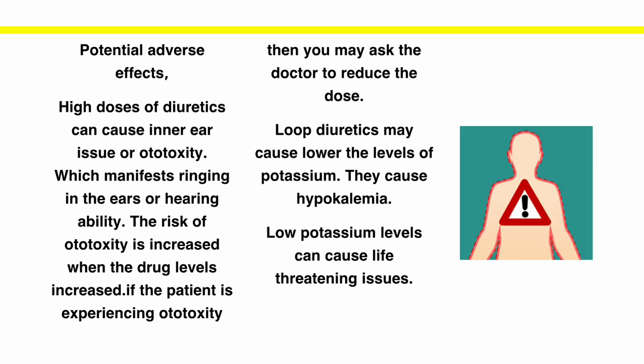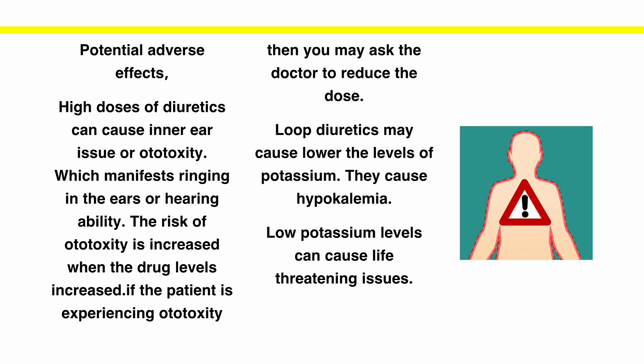Potential adverse effects: high doses of diuretics can cause inner ear issues or ototoxicity, which manifests as ringing in the ears or reduced hearing ability. The risk of ototoxicity increases when the drug levels increase. If the patient is experiencing ototoxicity, you may ask the doctor to reduce the dose.